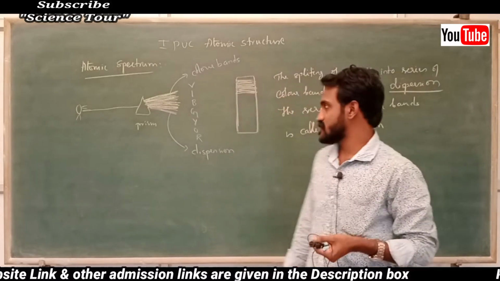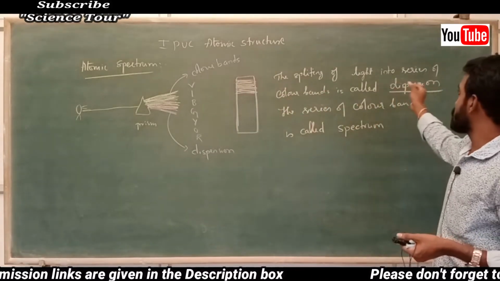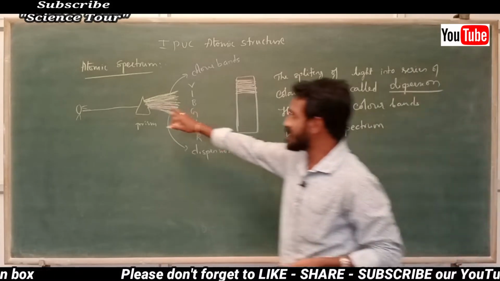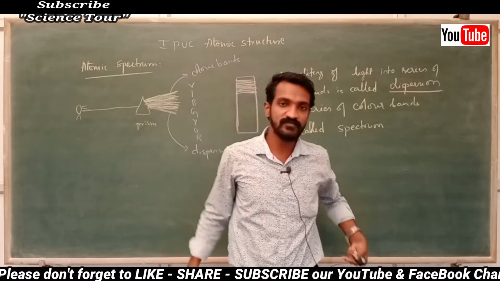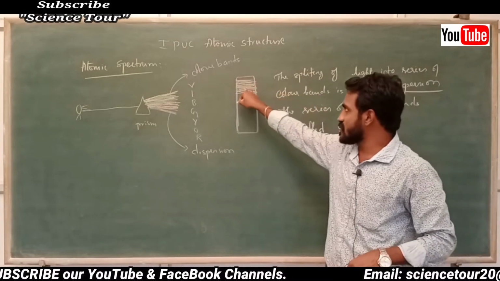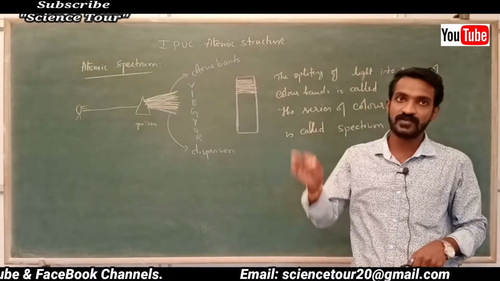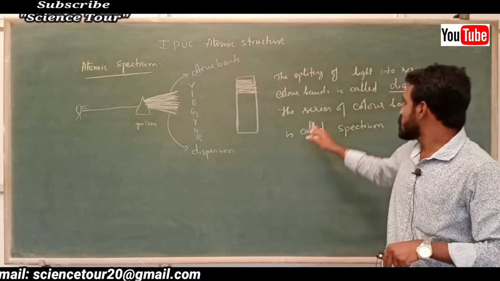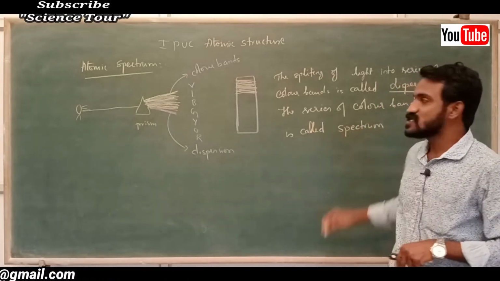Understood? Splitting of light into a series of color bands is called dispersion. The colors get dispersed. And you arrange that series of color bands according to increasing order of wavelength or decreasing order of frequency. The series of color bands is called a spectrum.